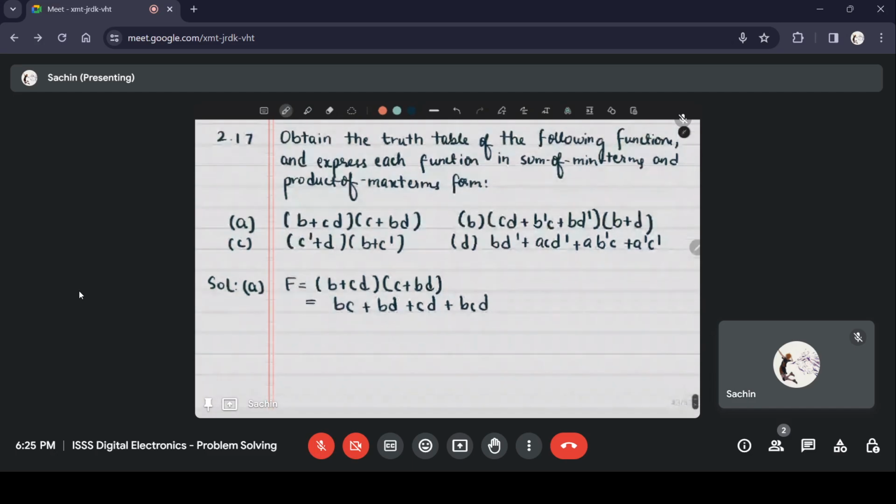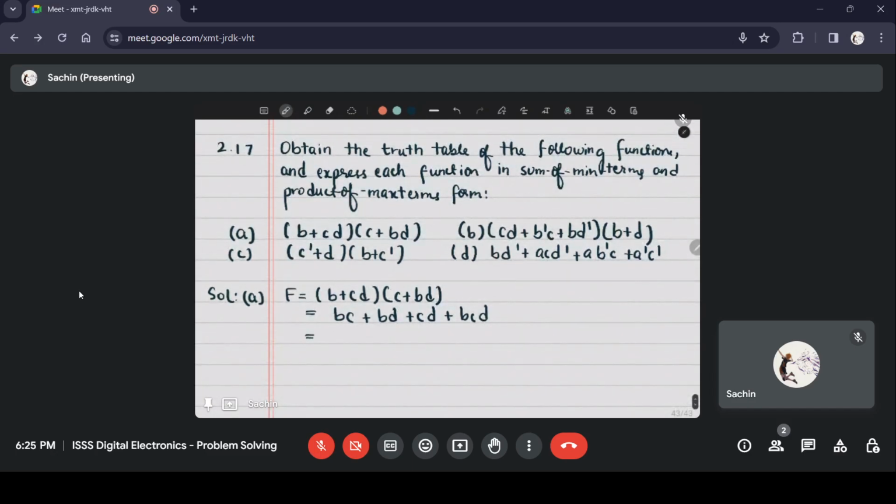So here they are saying you have to obtain the truth table and then express in sum of min terms and product of max terms form, but it is actually easier to write it in sum of min terms and product of max terms form and then write the truth table. So I'll do the reverse.